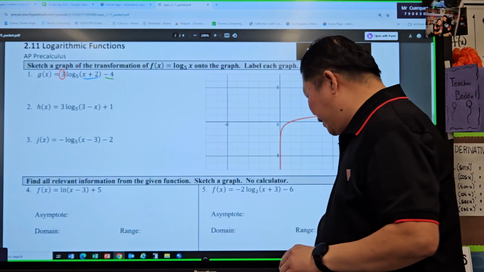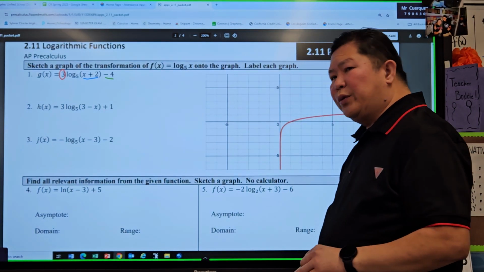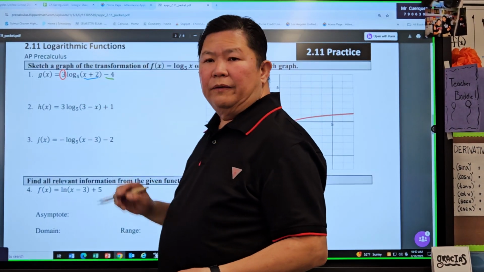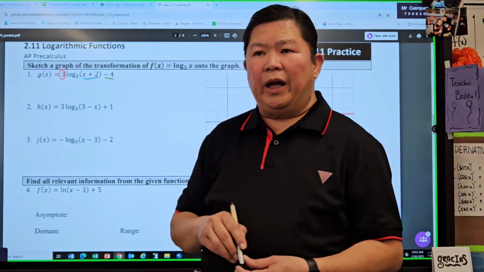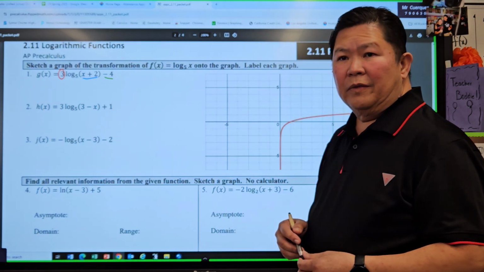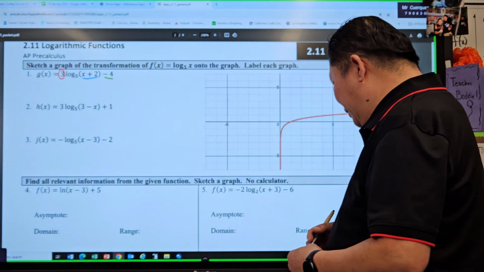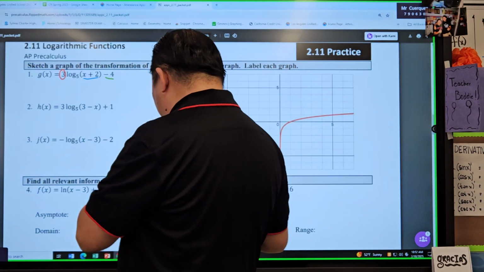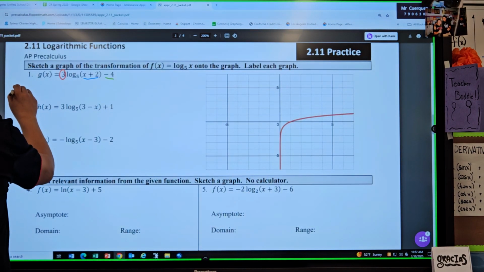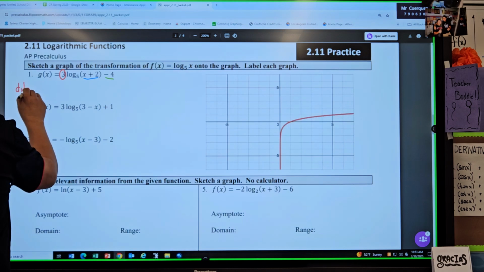So in this case, what is 3? This 3 is the coefficient of the logarithm, right? And we call this dilation. So the dilation is 3. The red color, dilation is 3.